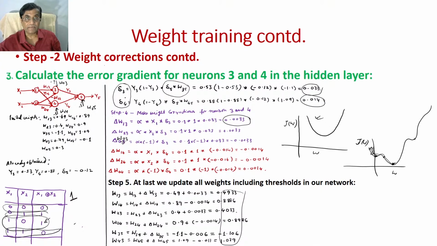So again, for this neuron you calculate the error gradient. For this neuron you calculate the error gradient, and only then can you make the weight correction of these. Okay, so that's what we did.